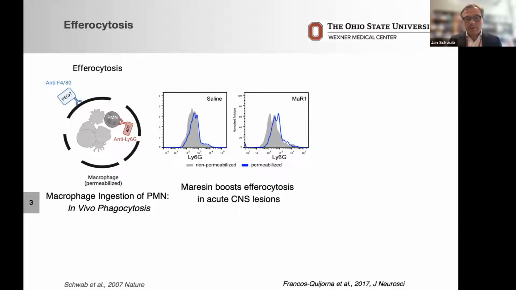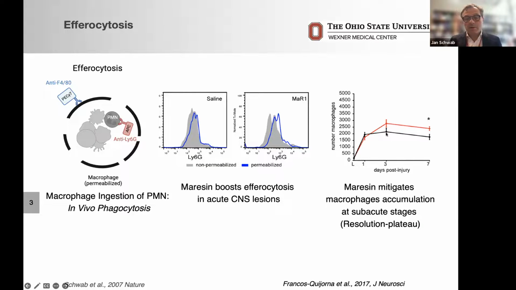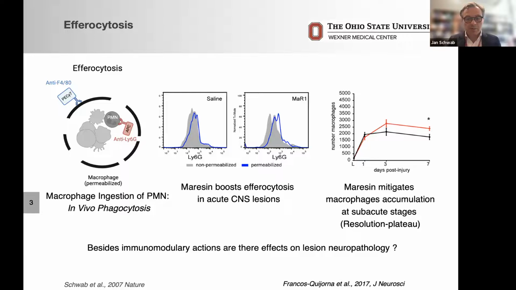We assessed these spinal cord injured animals with Maresin 1 treatment, and what we can see here is that the amount of efferocytosing cells is increased as a consequence of this intervention. Also, we see lower numbers of macrophages accumulating at the lesion site, resulting basically in a lower resolution plateau.